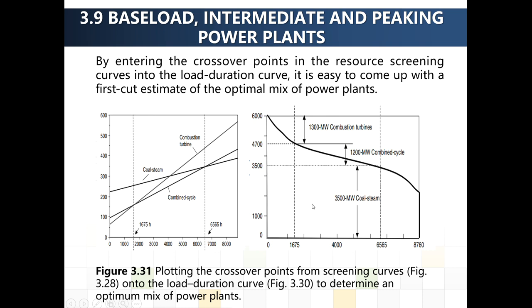So the capacity of the coal steam power plant should be built as 3,500 megawatt. So this comes up with the combination of each type of power plant and how much capacity should be built in order to serve the annual load.